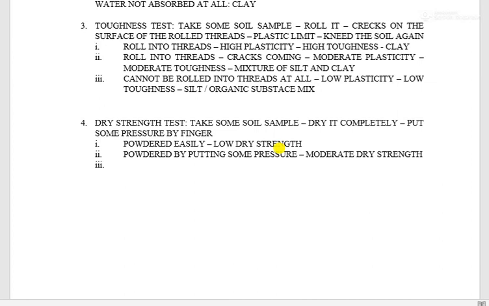And if the dried soil sample cannot be powdered at all by putting pressure, then the soil may be classified as of high dry strength.